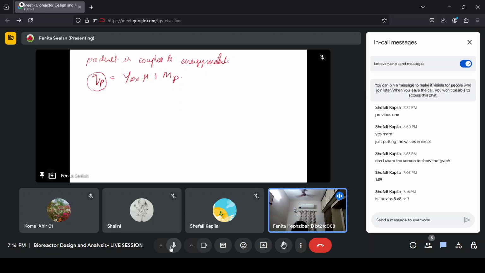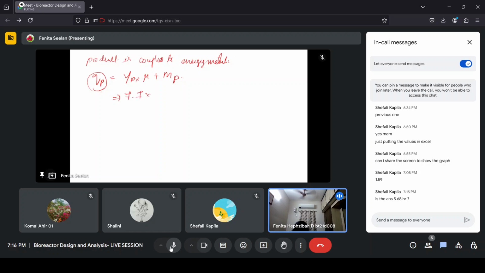This QP value would be necessary when you want to calculate with respect to product. So far we have calculated with respect to biomass, with respect to substrate, and now we are calculating with respect to your product.